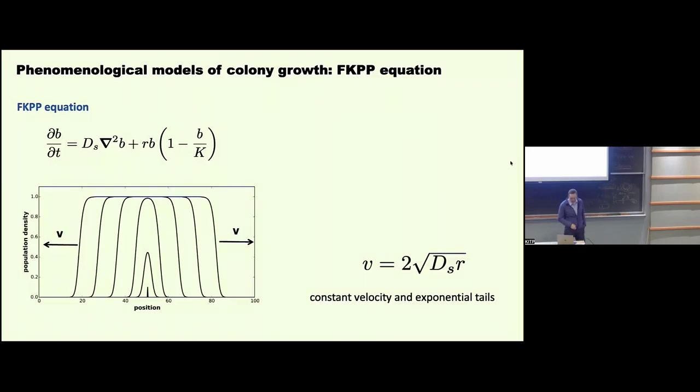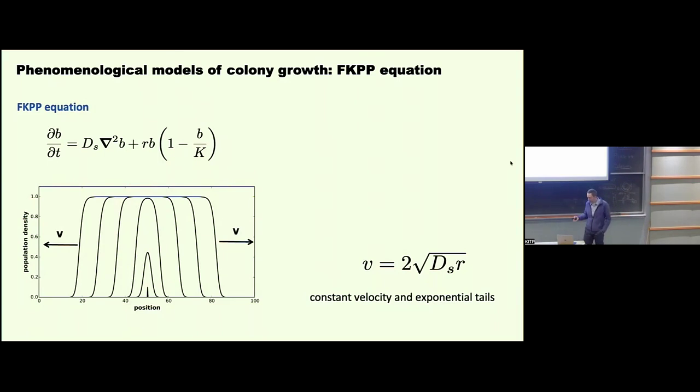If you put this in space, you first have local growth to the carrying capacity, and then outward expansion with a fixed velocity v that is given by a combination of the diffusion and growth. That's a standard result. This equation is clearly not applicable to the microbial colonies I showed you before, in part because they don't diffuse, and this equation has exponential tails, which do not occur in microbial colonies that typically end with a single cell at the edge.